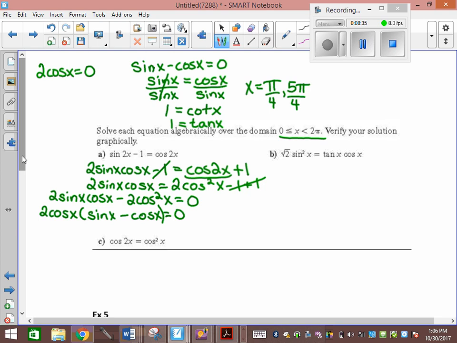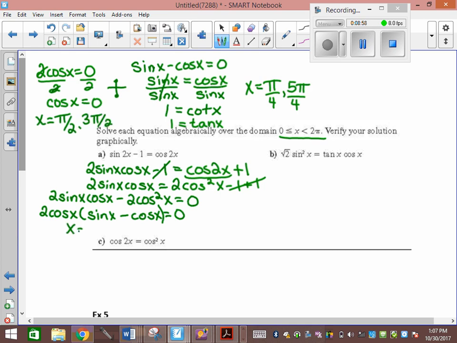Then we can come back to this one over here and divide by 2. So it's where cos x equals 0. Where does cos x equal 0? It equals 0 at π/2 and 3π/2, up here and here. And then you can put your solutions together.